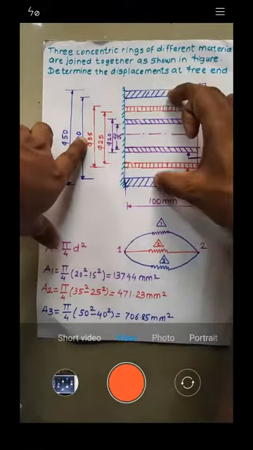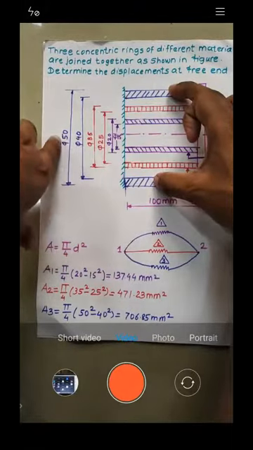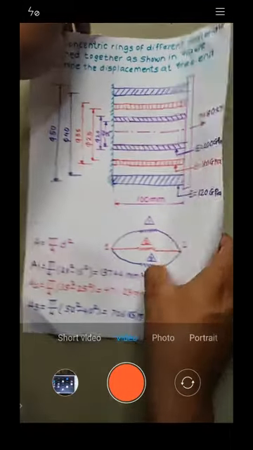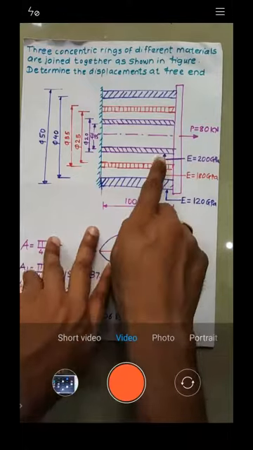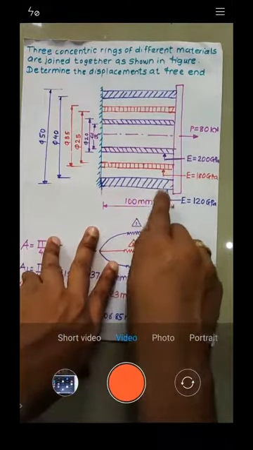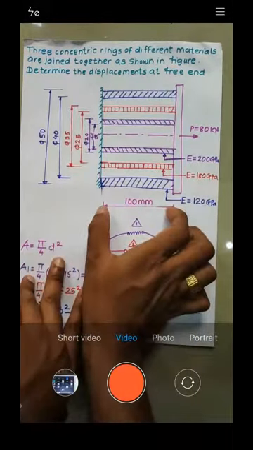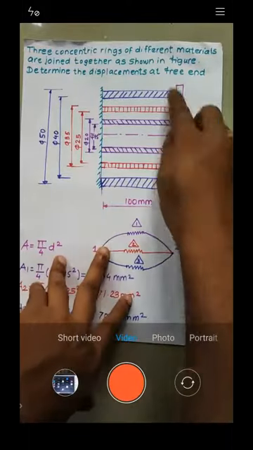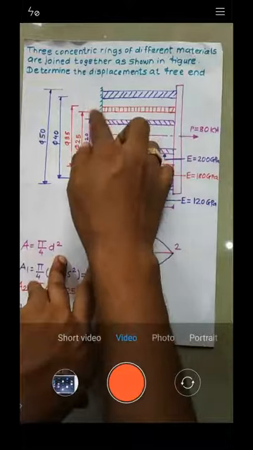On that we have one more ring with inner diameter 40 and outer diameter 50. These three rings are made up of different materials, as the value of E is different for every ring. The length of the ring is 100 mm, and at one end these rings are fixed.